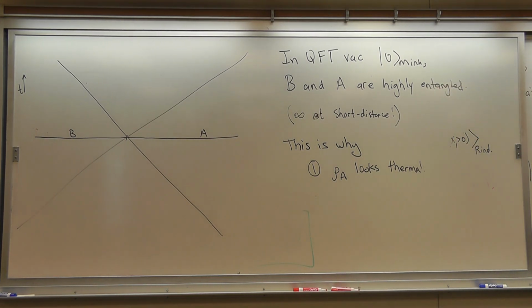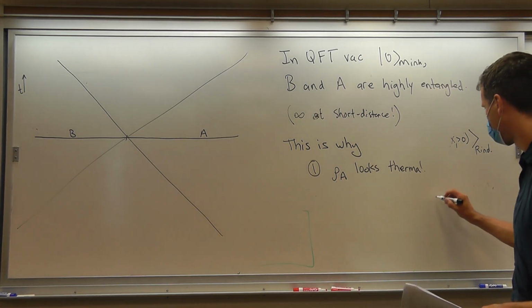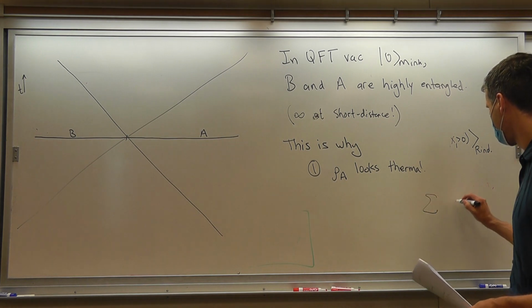Yeah. So when you talk about the entanglement between a particular part of space and another part of space, what do you mean by that? Because we're already talking about you could compute the total entanglement by computing the von Neumann entropy of the reduced density matrix.